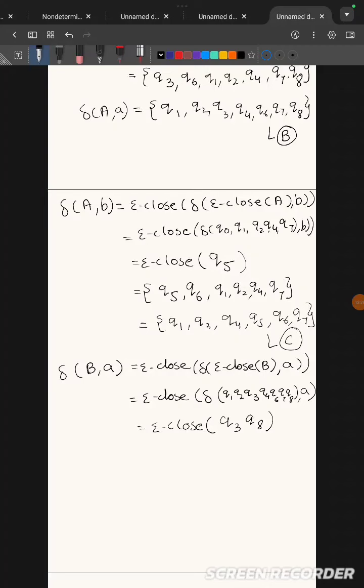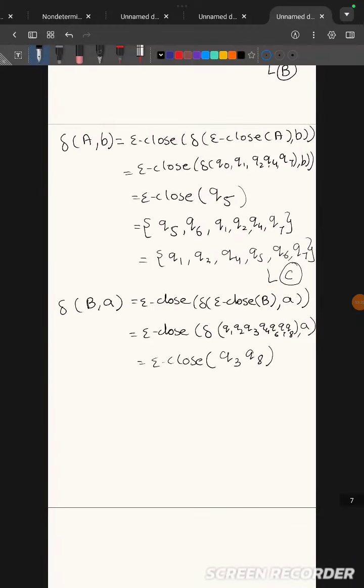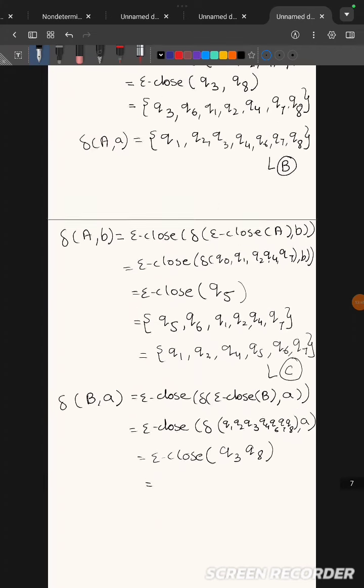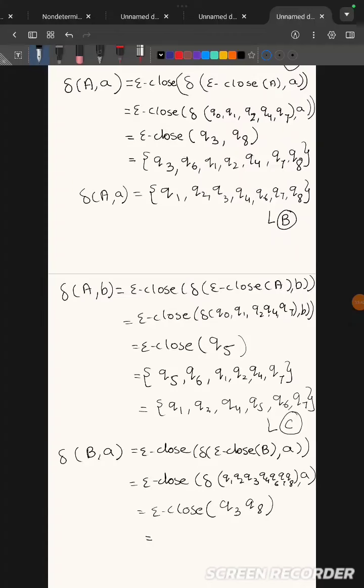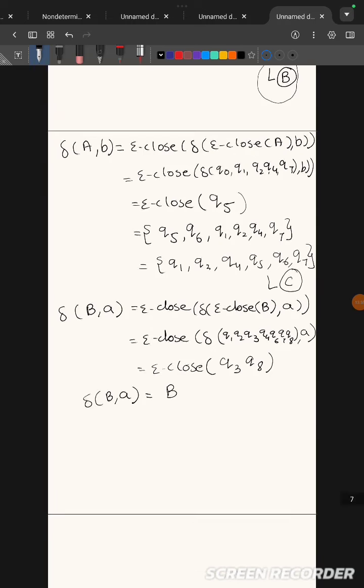Q1, Q4, Q6 don't have a transition on a, so we have only Q3 and Q8 over here. For that, now we have to find the epsilon transition. We already know that the epsilon closure of Q3, Q8 ends up with B, so you can directly write B only. Delta of B comma a is equal to B.